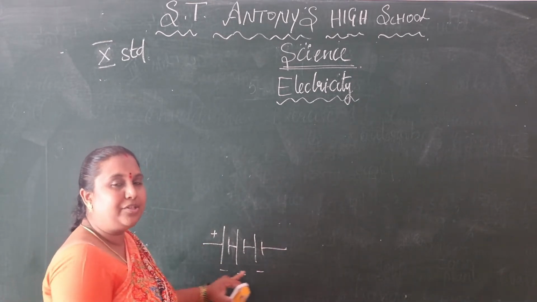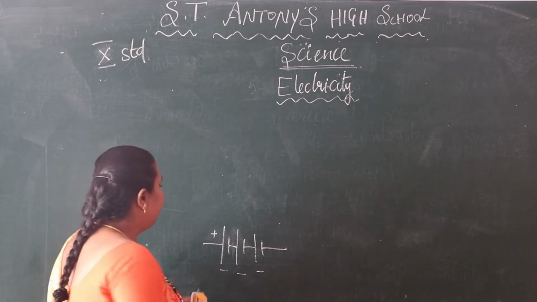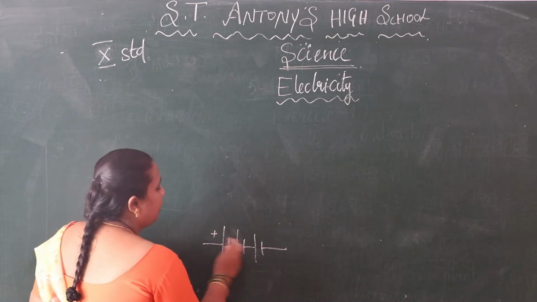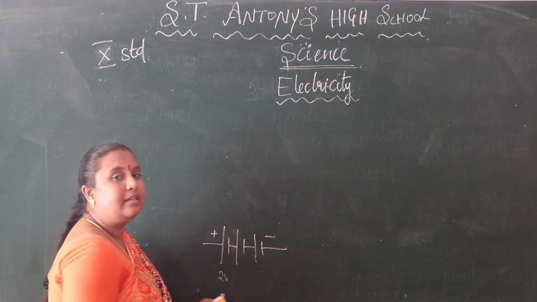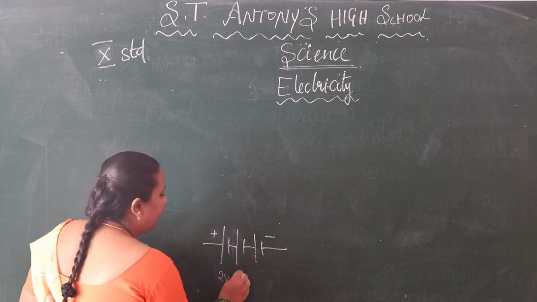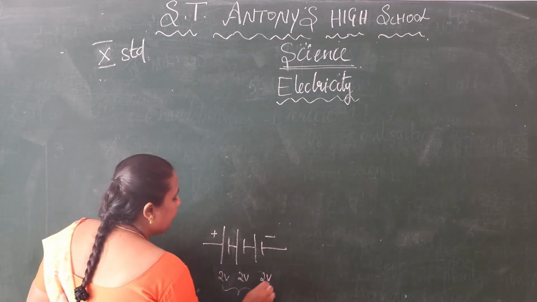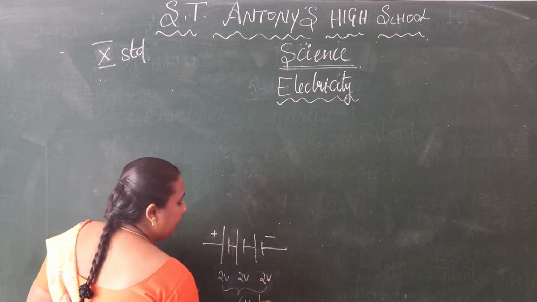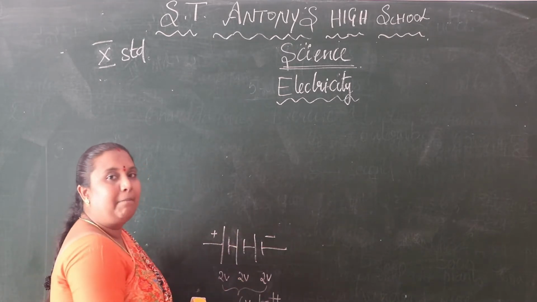The combination of 3 cells we call a battery. Each cell has 2 volt, so 2 volt plus 2 volt plus 2 volt gives a 6 volt battery.